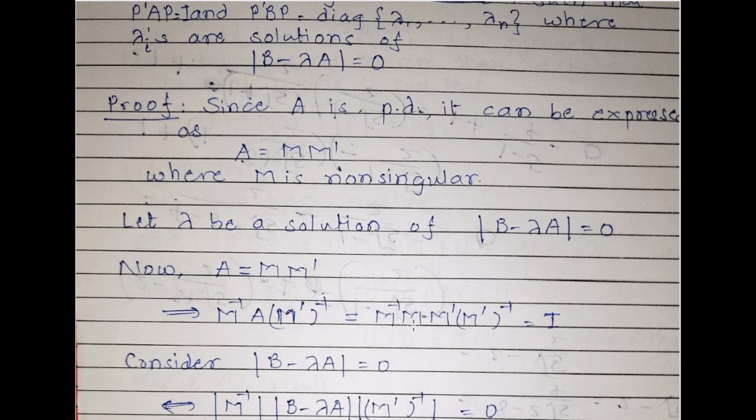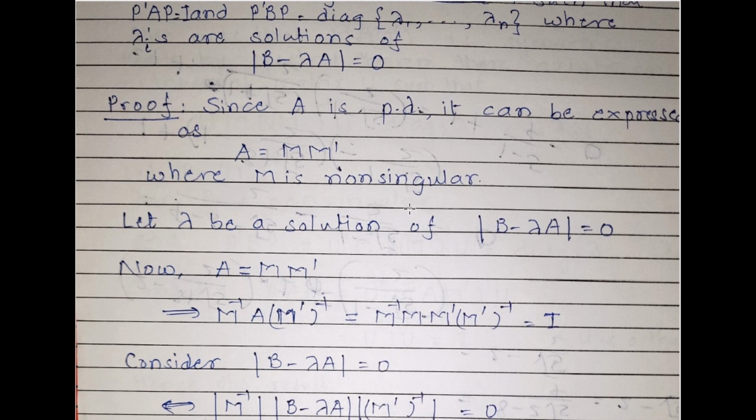Now both these will be identity matrices and ultimately this entire product will be the identity matrix. So note that when A is equal to M M transpose, then we have M inverse A M dash inverse as the identity matrix.